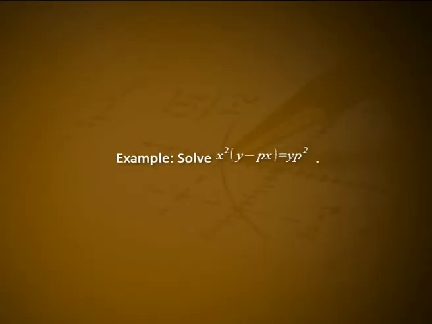Note: many equations of the first order but of higher degree can be reduced to the Clairaut's form by making suitable substitutions. Example: solve x squared into y minus px is equal to y p squared.